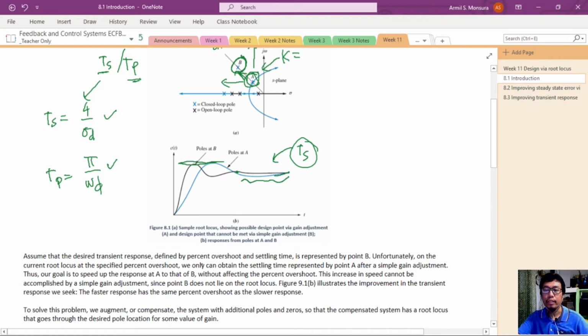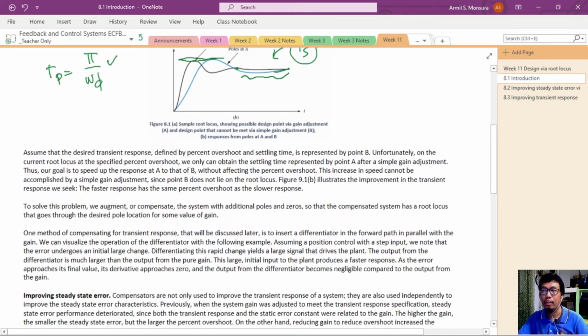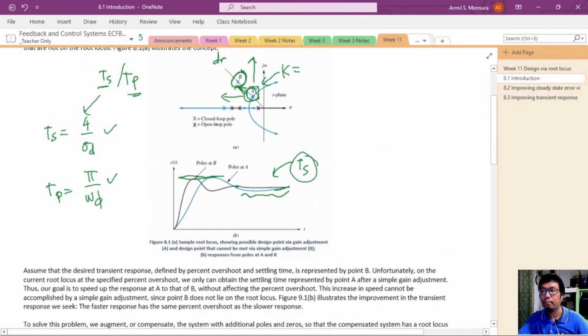And how do we do that? Okay, how do we reshape the root locus and then make the root locus pass through a certain point? Okay. By the way, tatawagin natin 'tong point B as the new operating point, okay, and itong point A as the old operating point.